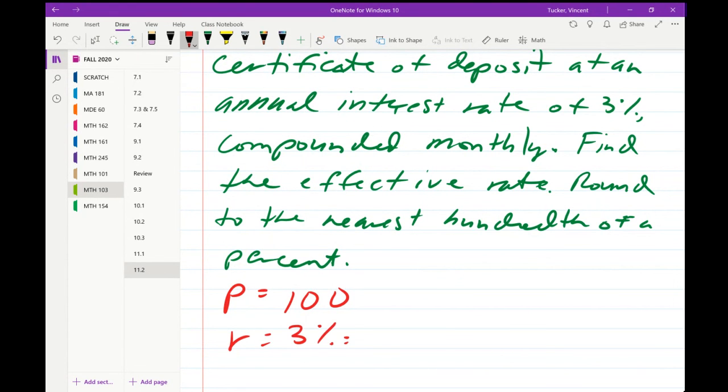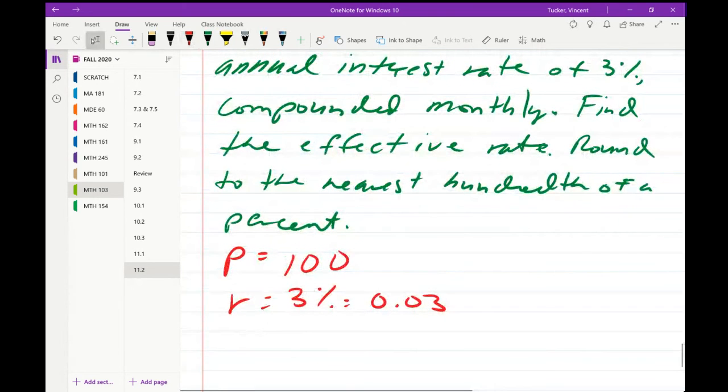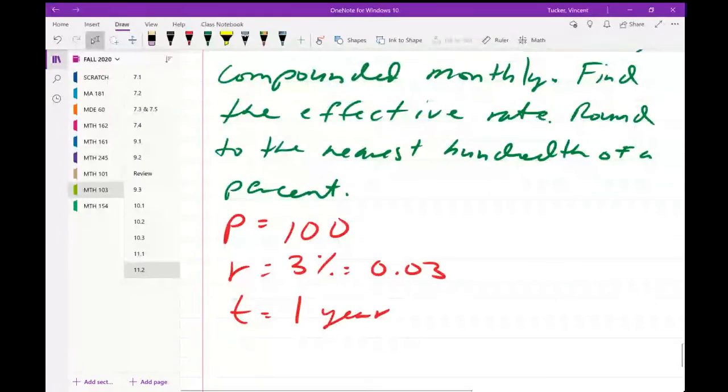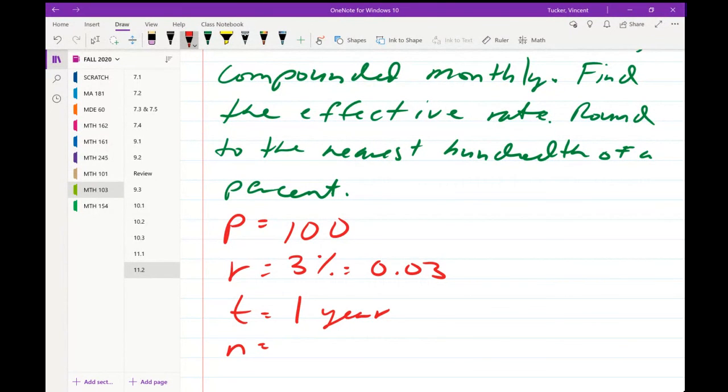My rate is 3%. T is 1 year. And N is monthly, so that's going to be 12 for us.